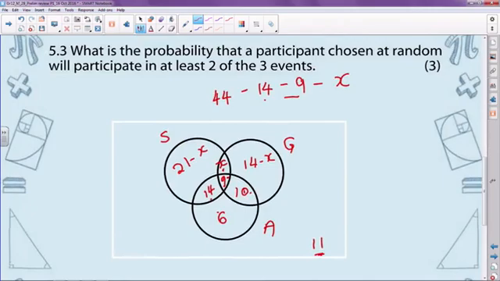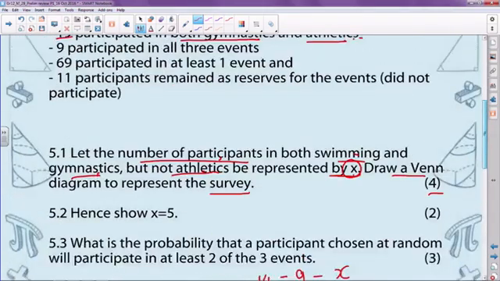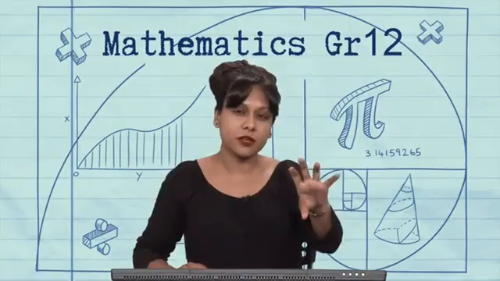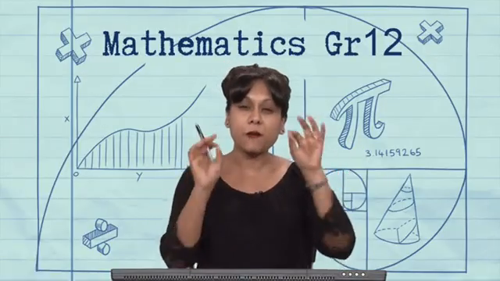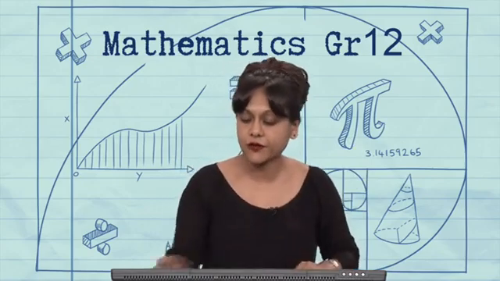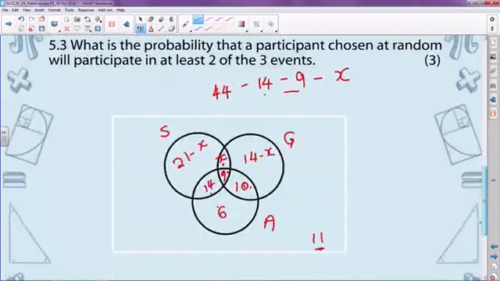All right. Once you now have this Venn diagram, you're not done, because they say to you, you need to then hence show that x is equal to 5. So we've drawn that Venn diagram. It's the first part, the key part of this question, but we still need to go on and show that x is equal to 5. So this is 5.2 now for 2 marks.